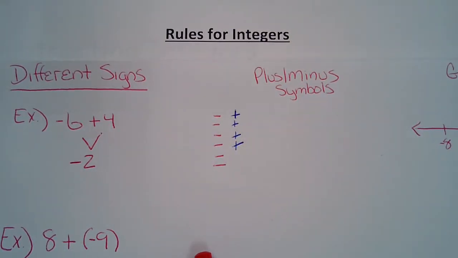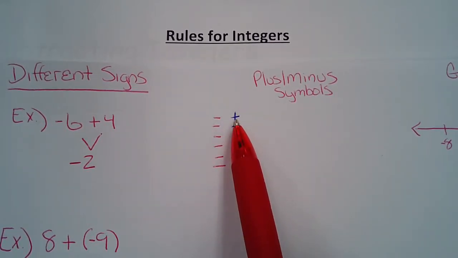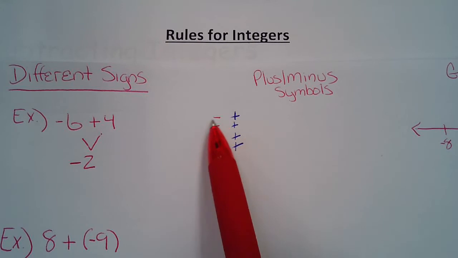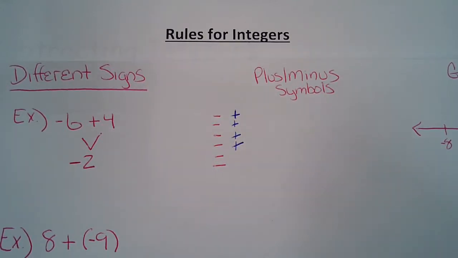All right. So in this case, because you have two different signs, whenever you have a negative and a positive, they're going to cancel each other out. It's kind of like me giving you $1 and then taking the dollar back. Now you have nothing. It's zero. And in mathematics, we often say that it cancels out.